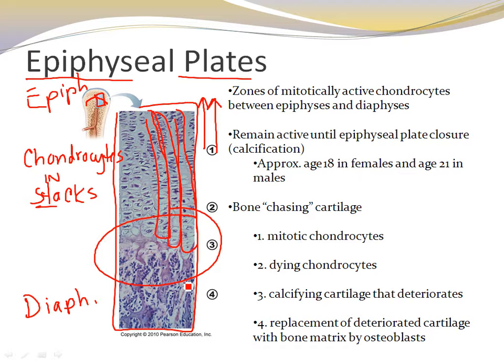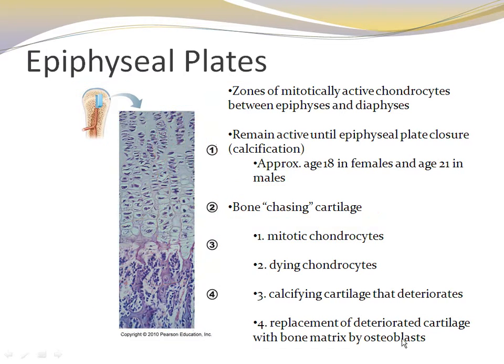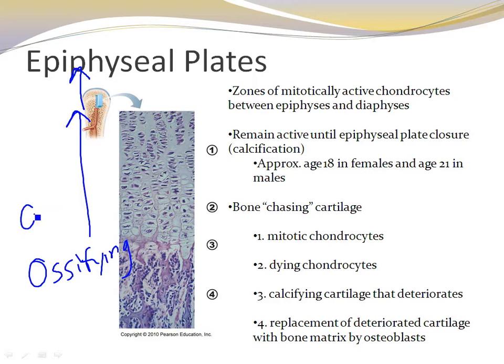It ossifies. Okay? So what you have here going on in the growth plates is that the bone that's forming is chasing the cartilage. Okay? So it just keeps pushing upwards this way, and down in here it's ossifying. As this keeps pushing upward, more ossification occurs here.